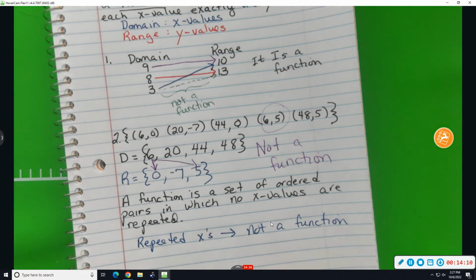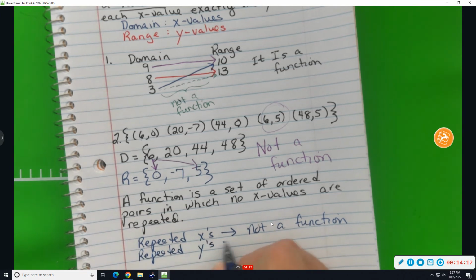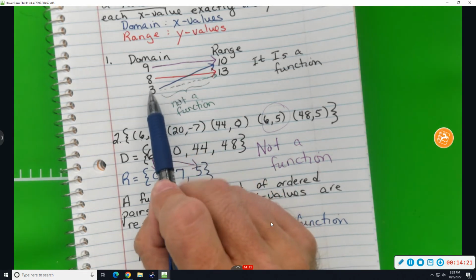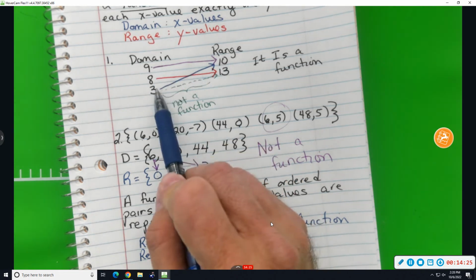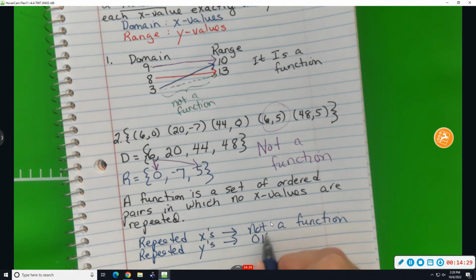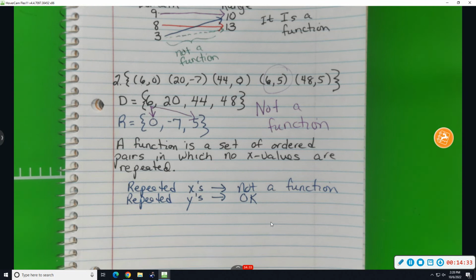Is there a problem with that? No, it could still be a function. Like right here on number 1, 9 was paired to 10, and 3 was paired to 10. Repeated y's, I'm just going to say they're okay. Can't have repeated x's in order for it to be a function, but you sure can have repeated y's.